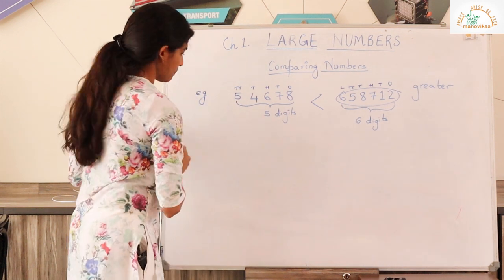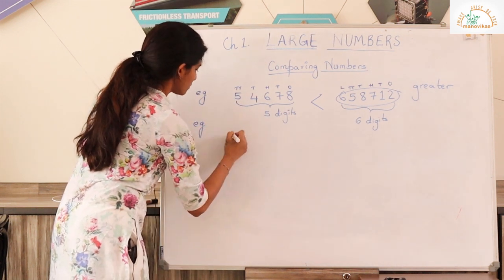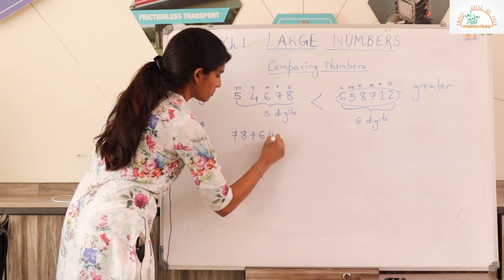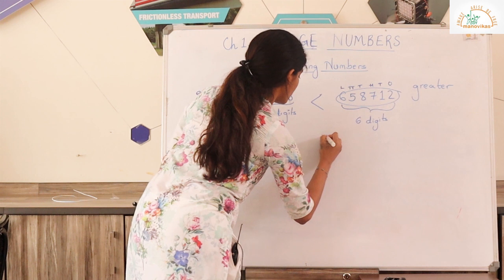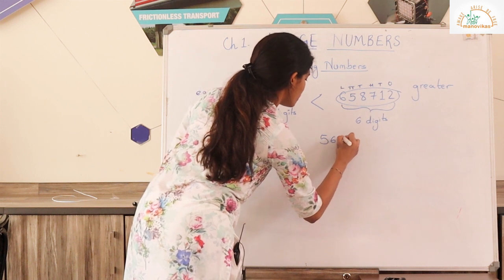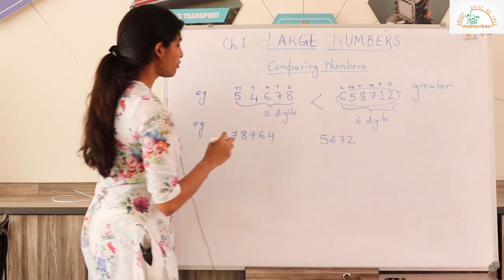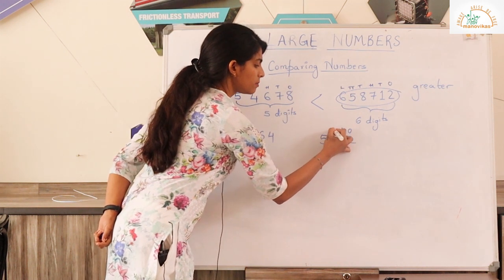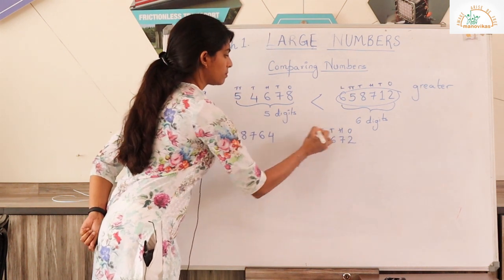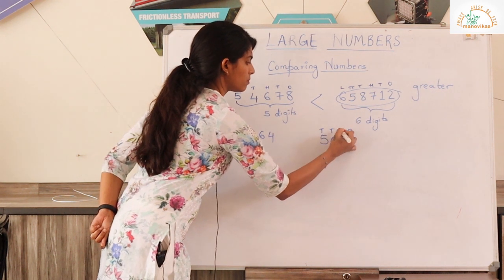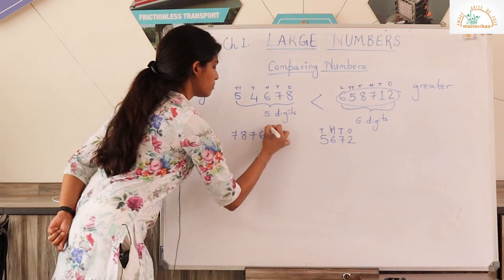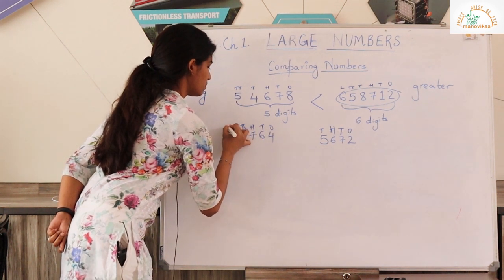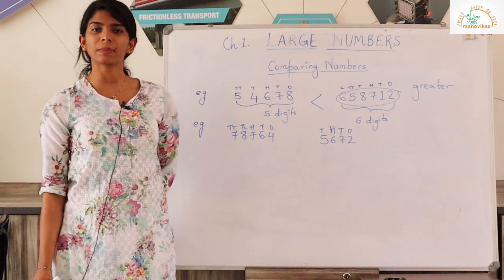Let's take one more example. Now if you see here, first you put a place value if you want. I have put the place values.